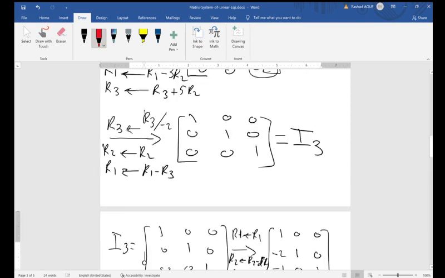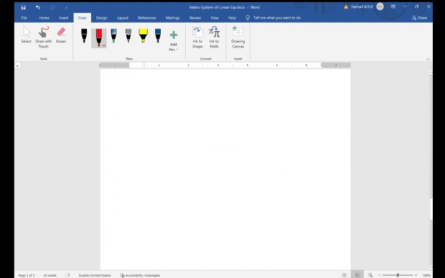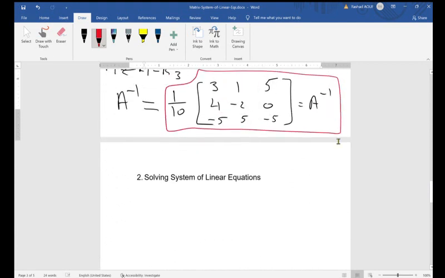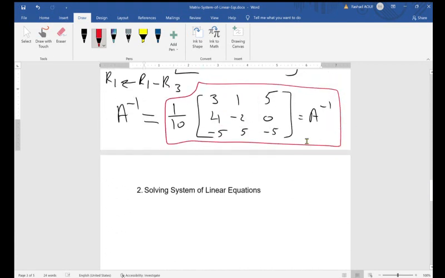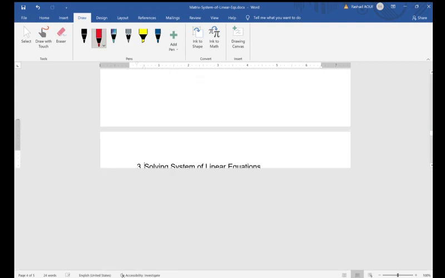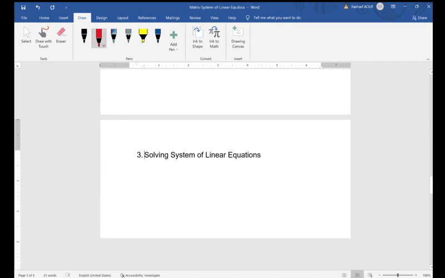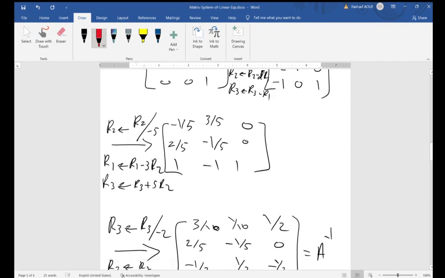If you want to verify the result, you can do it by multiplying A and A minus 1.